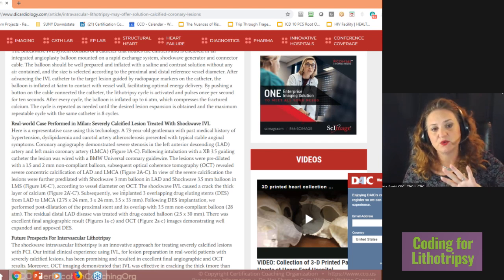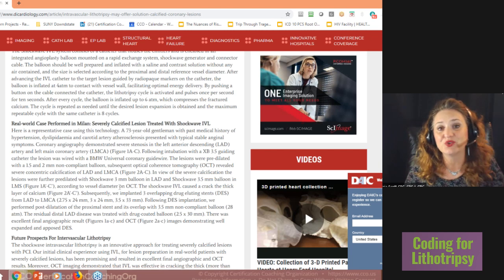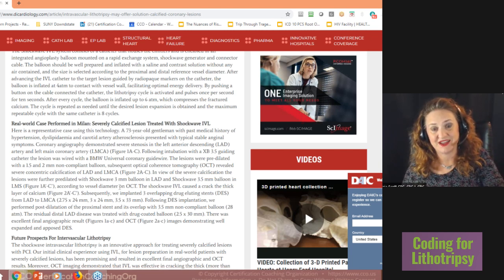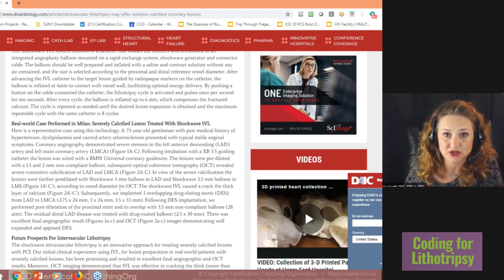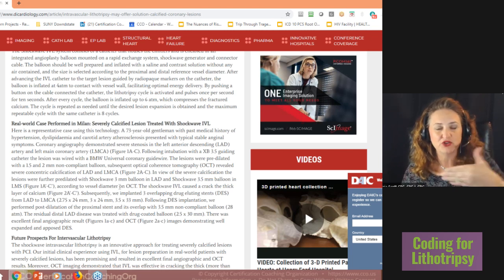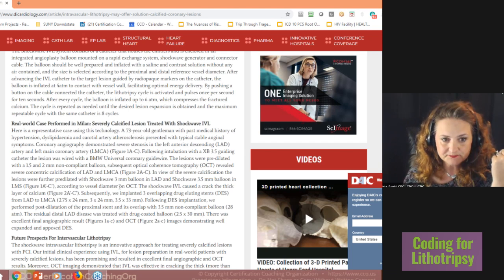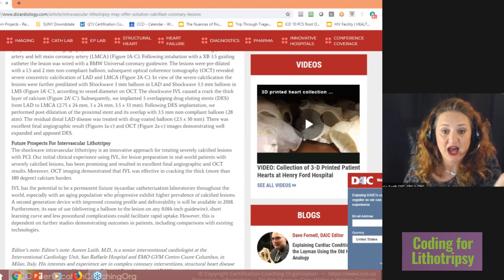This is the type of stuff you're going to see in the documentation for the procedures. Get familiar with this so that you can see the verbiage they use and abstract the information you need to code it properly. So again, you're just bringing your knowledge base up on the verbiage. Future prospects, you want to read that because you want to again see the verbiage, see what the outcomes are, and hey, is this something I'm going to have cross my desk?